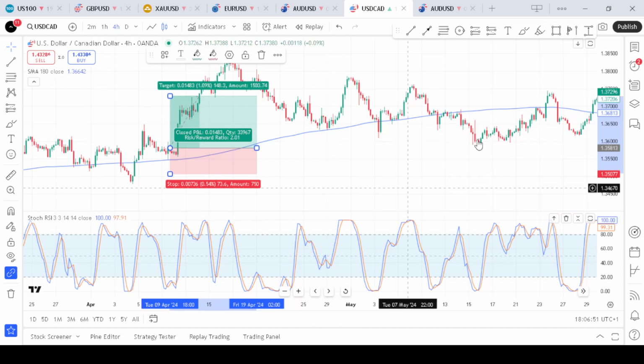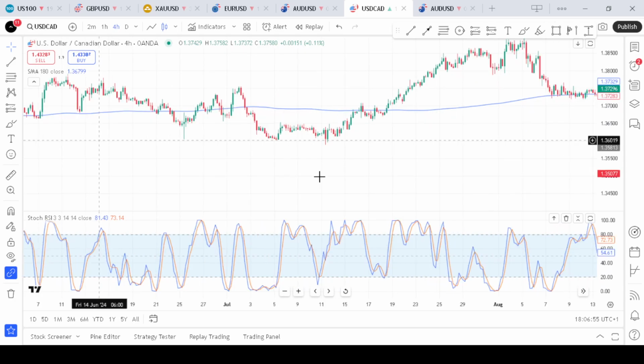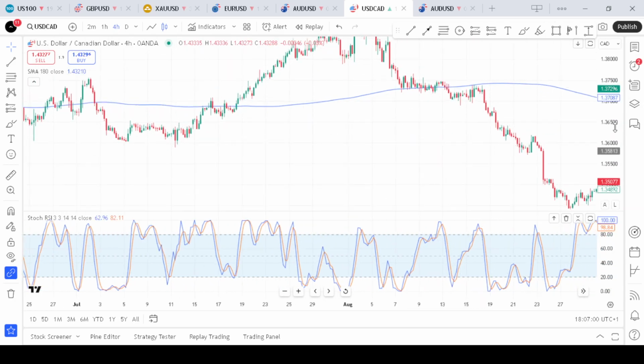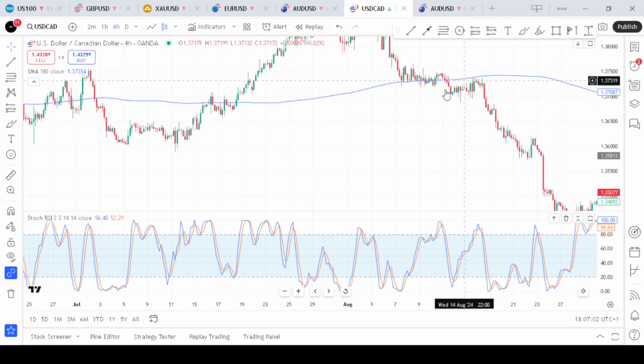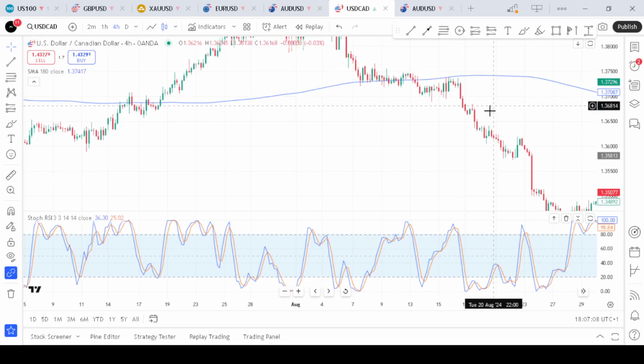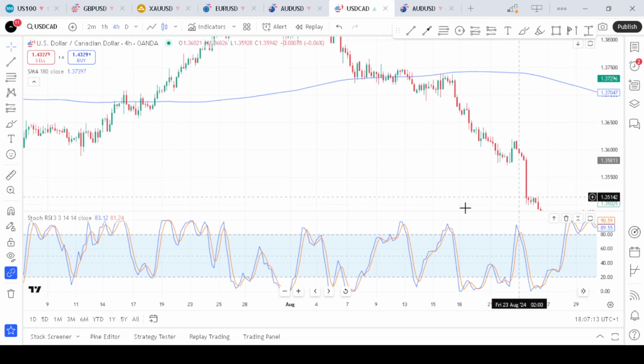Now in a selling scenario, when you are looking for a selling trade, you would first of all wait for price to be trading below the simple moving average, and you wait for price to come back to retest the simple moving average. That retest has to happen at an area where the stochastic RSI is above the overbought region, which is above 80.